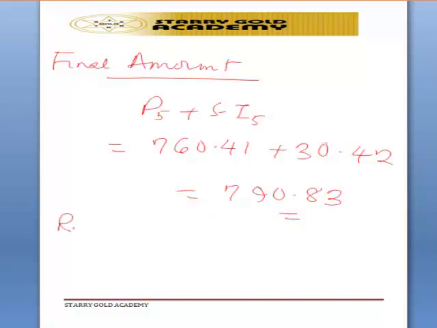But recall, the original amount is equal to 650. So when I remove the original amount from the final amount, the balance is what we call compound interest. So compound interest is equal to final amount minus original amount.